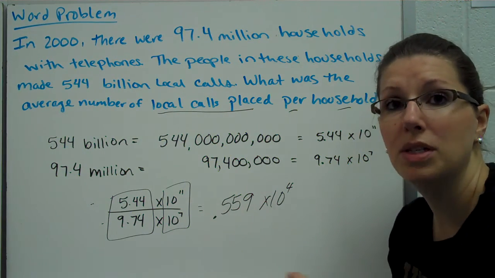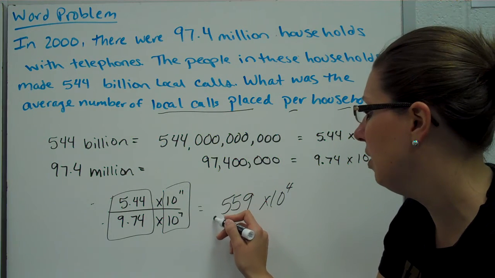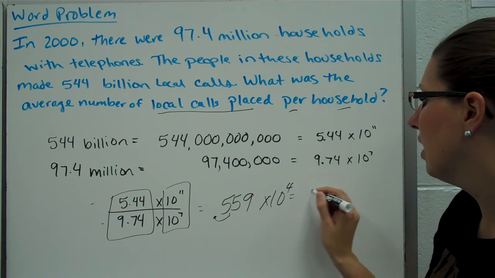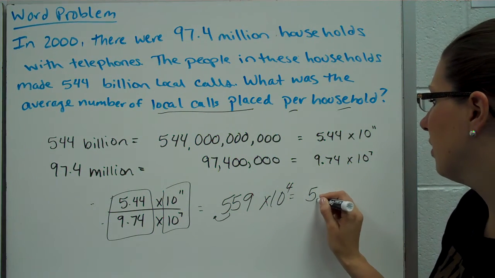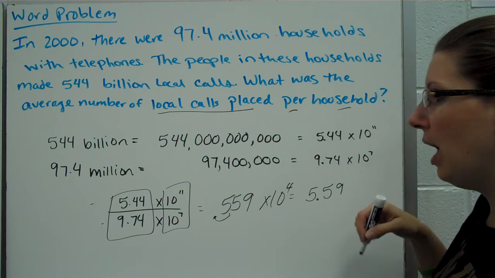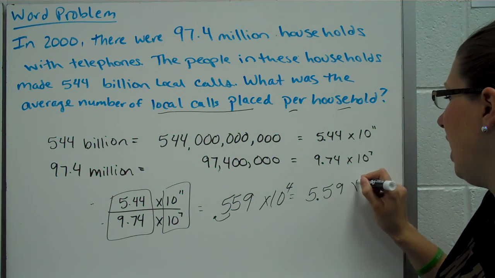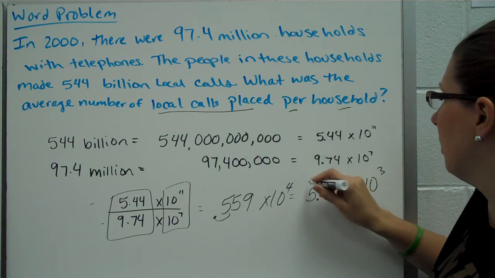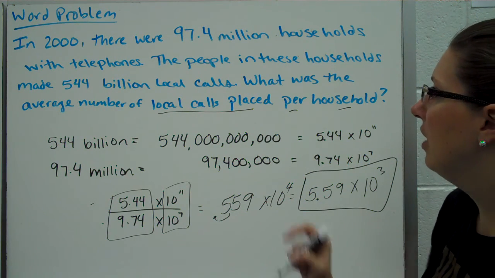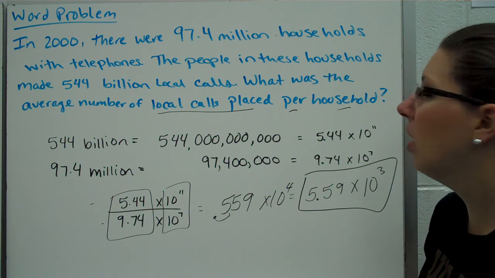This number has to be in between 1 and 10. It can be 1, but it cannot be 10. I'm going to move the decimal over one place to the right. So my new number is 5.59. And when I do that, I actually have to subtract an exponent. So it's going to be 5.59 times 10 to the third, and that's the average number of local calls placed.